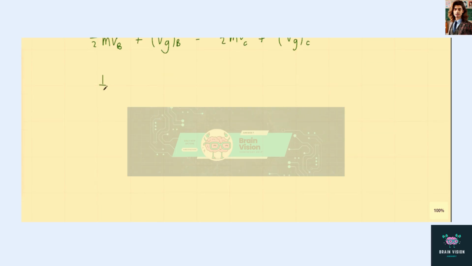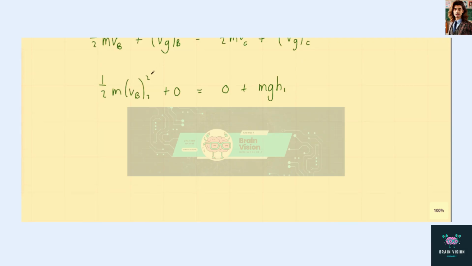So this is a half m VB2 squared plus, at point B, the gravitational potential energy is 0. This is equal to, at C, no kinetic energy, but gravitational potential energy mg h1.